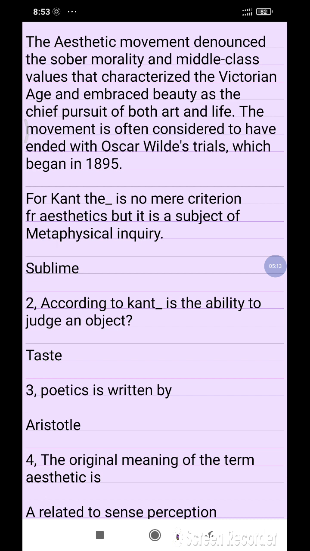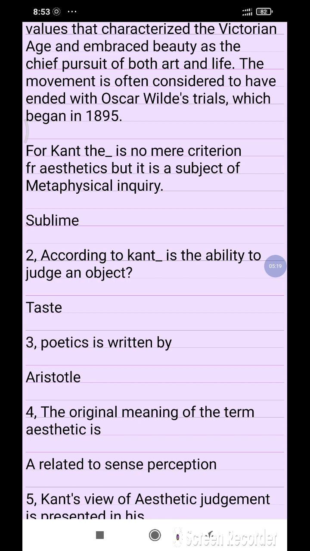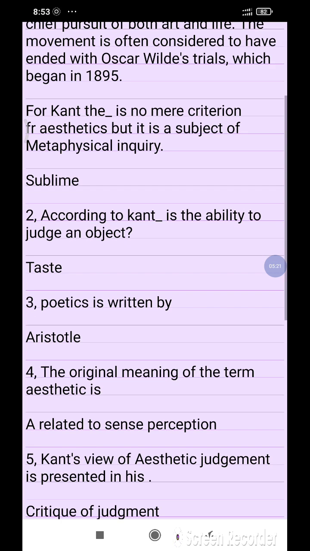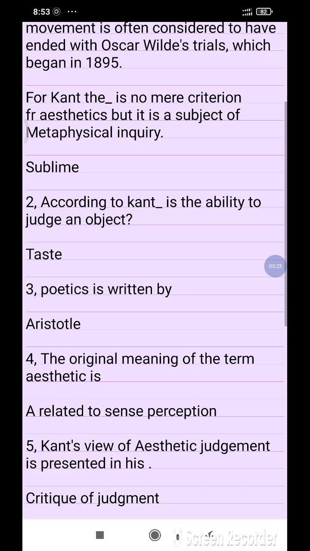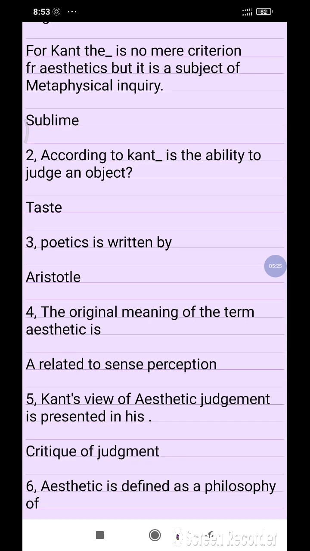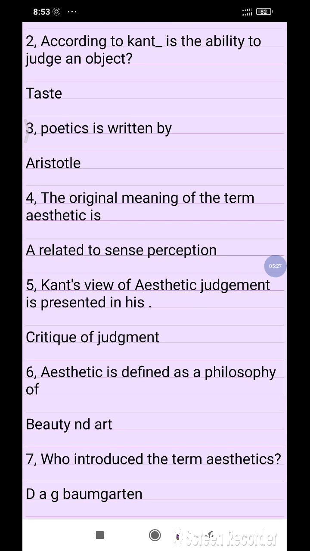According to Kant, it is the ability to judge an object of taste. Poetics is written by Aristotle, and the original meaning of the term aesthetic is related to sense perception. Kant's view of aesthetic judgment is presented in his Critique of Judgment. Aesthetic is defined as a philosophy of beauty and art.